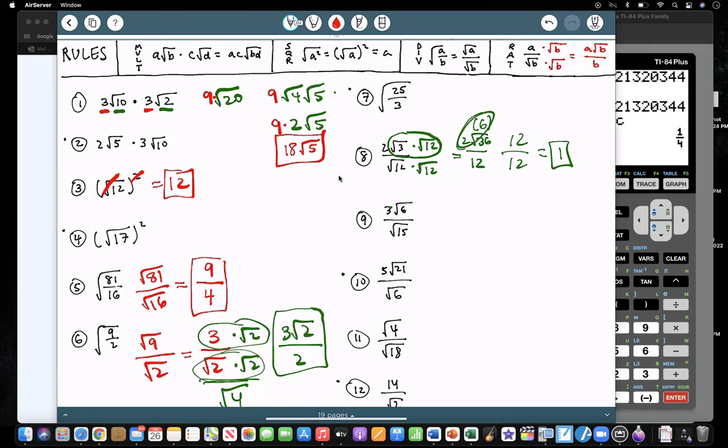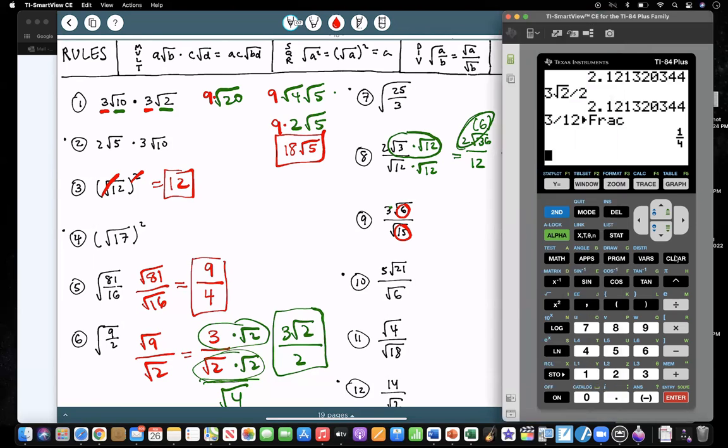For number 9, we can't simplify radical 15, so we can't do it the first way, breaking it down. I think the easier way is, if you notice 6 over 15, well, 3 goes into both of them, right? If you divide them by 3, 6 divided by 3 is 2, and 15 divided by 3 is 5, so that's 2 over 5.